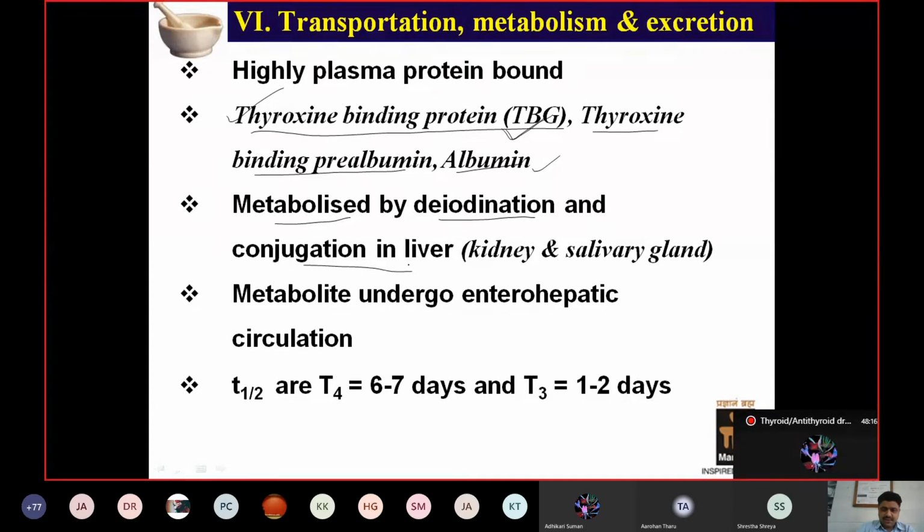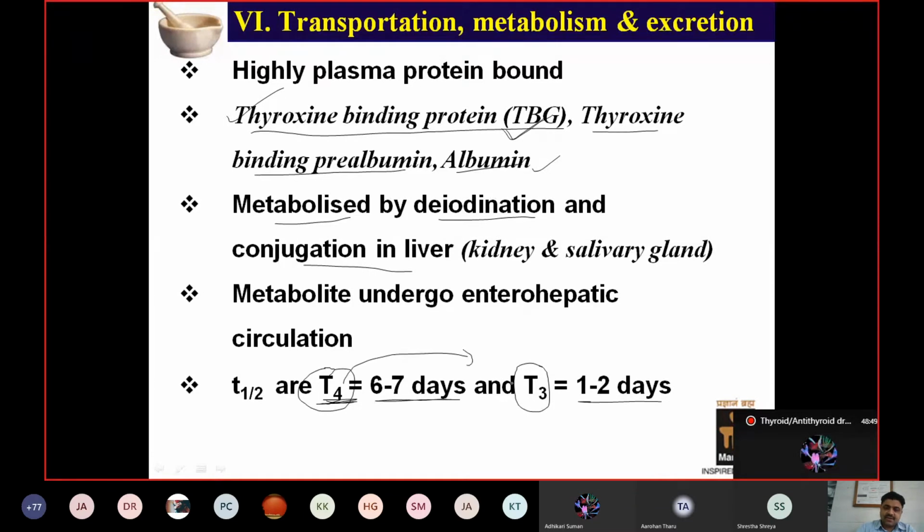Now if you see the half-life, T4 is longer acting. The half-life of T4, or thyroxine, is 6 to 7 days, and T3 has just 1 to 2 days of half-life. T3 is fast acting but short acting, while T4 is long acting.